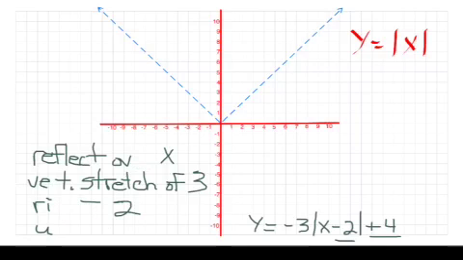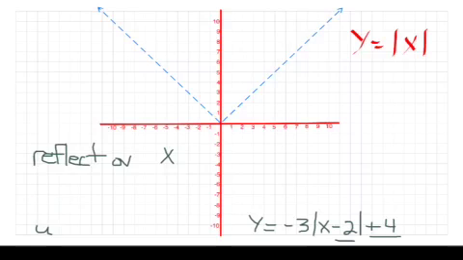Let me erase these and I'll draw the graph for you. So we reflect over x. We first need to establish our vertex. So we'll use the 2 things I have underlined first. -2 is move 2 to the right, and +4 means I'm going to move up 4. So here's my new vertex right here.